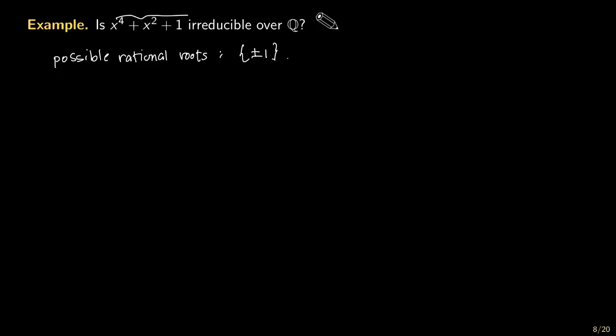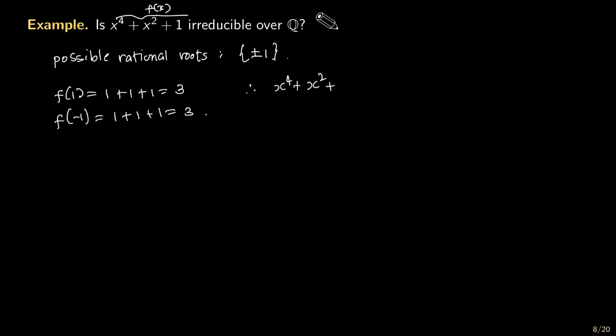If we call this f of x, you may evaluate f of 1, you get 1 plus 1 plus 1 is 3, and f of negative 1 is 1 plus 1 plus 1, also 3. Therefore, x to the 4th plus x squared plus 1 has no rational root.